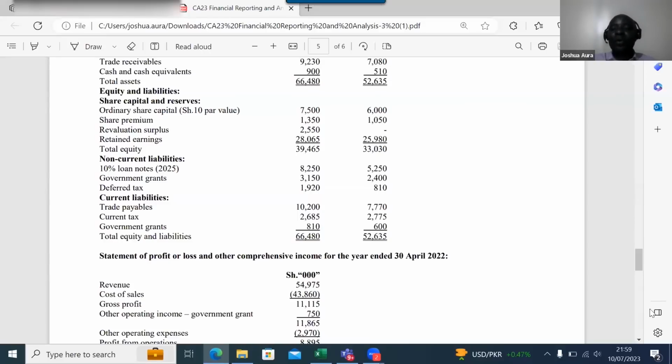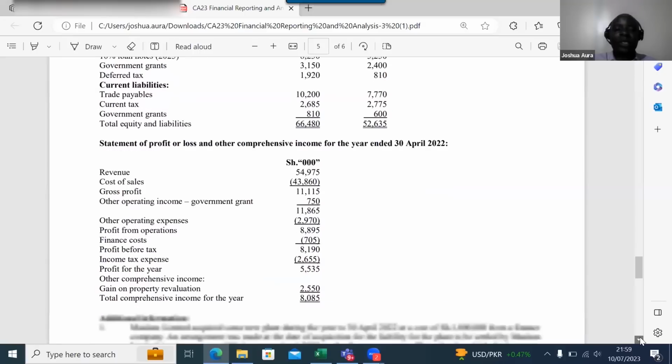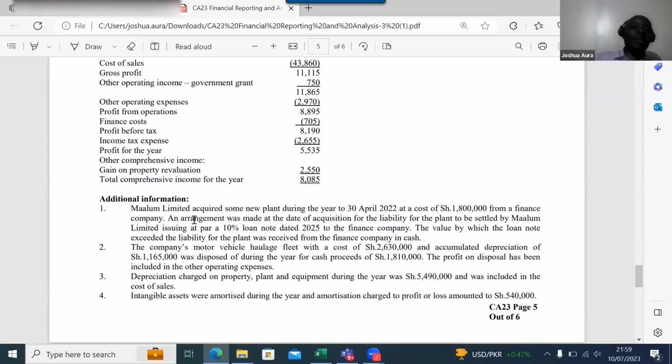Oh, yes. We are told that Maalumu Limited acquired some new plant during the year to 30th April at a cost of 1,800 from a finance company. An arrangement was made at the date of acquisition for the liability for the plant to be settled by Maalumu Limited issuing a par loan note. You don't even have to read all that. What you're supposed to know is that this 1,800 increased your 10% loan notes liability.